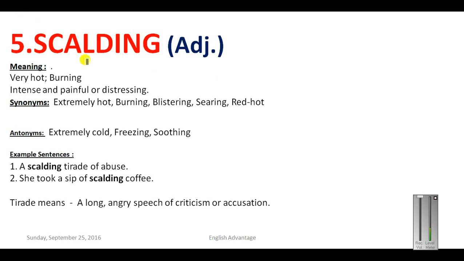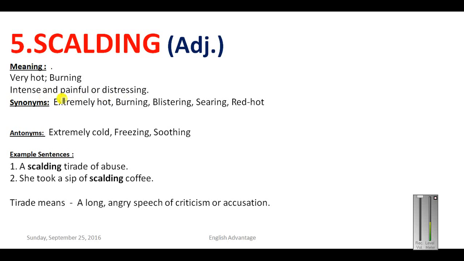Scalding, S-C-A-L-D-I-N-G. Scalding is an adjective, and it means something extremely hot and burning. Another meaning for this word is intense and painful or distressing.